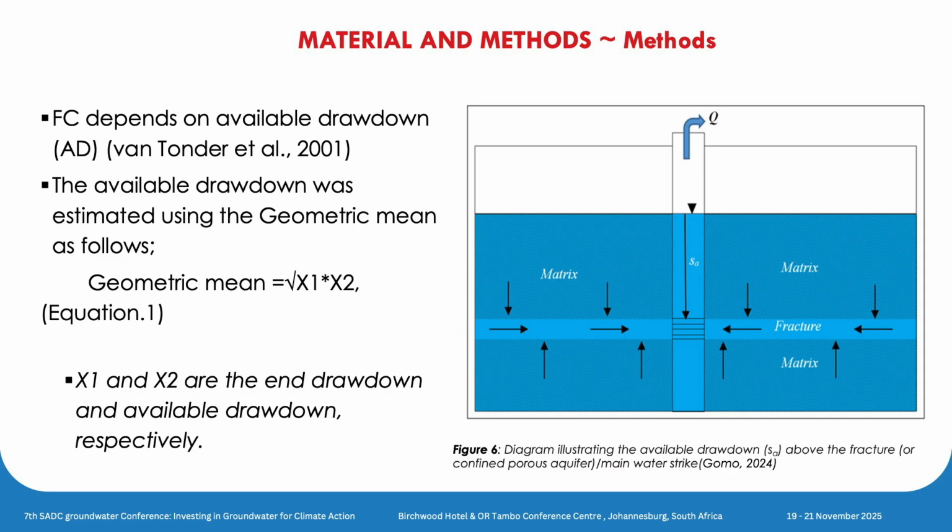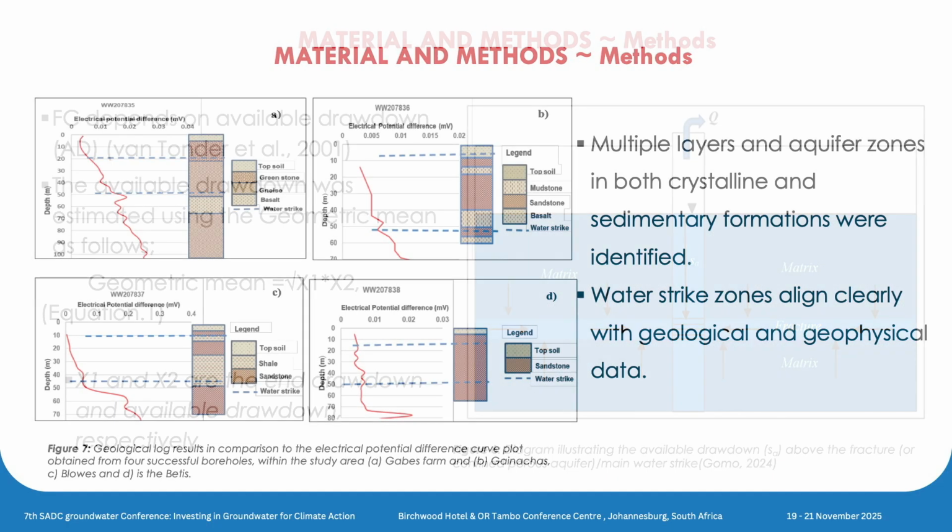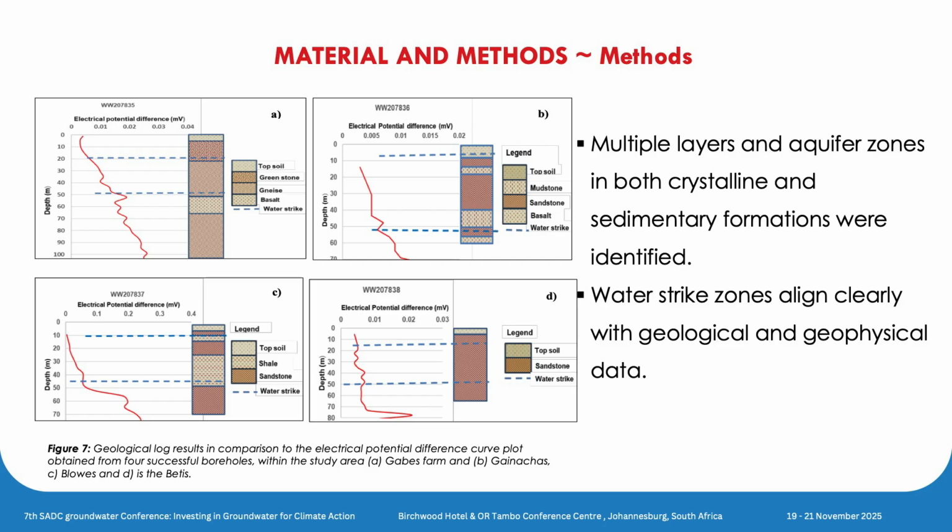This method depends highly on the available drawdown, whereby the geological log was used to determine the available drawdown. And this is the coupling of the geophysics and the lithological logs, whereby the geophysics was correlated with the logs.